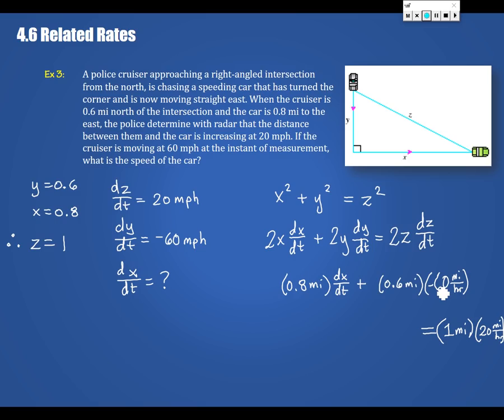Over here we get, check the units on this too. Over here we get miles squared per hour. We get 20 miles squared per hour. Over here we get negative 12.